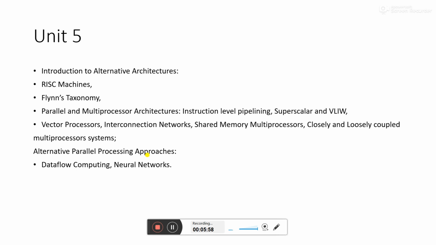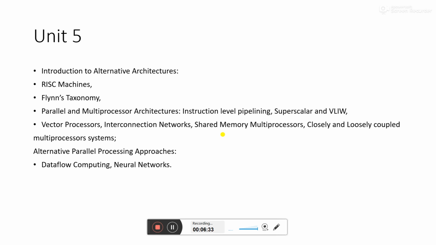Some other architectures are also very important for us, for example vector processors and interconnection networks. There are also distributed computing systems, distributed because each computing system does its own task and provides the overall result after all the computing systems have produced their manipulated data.